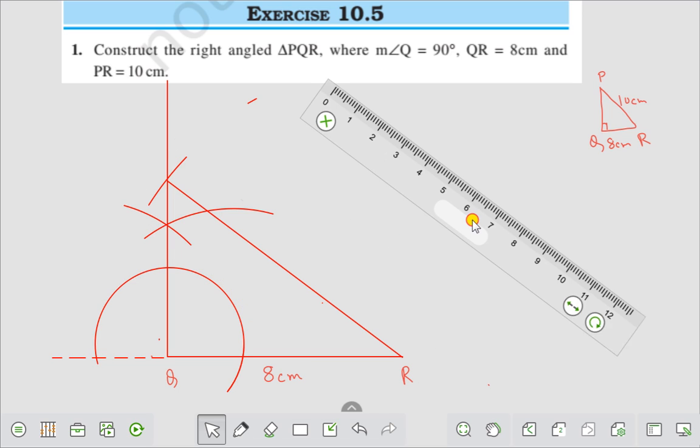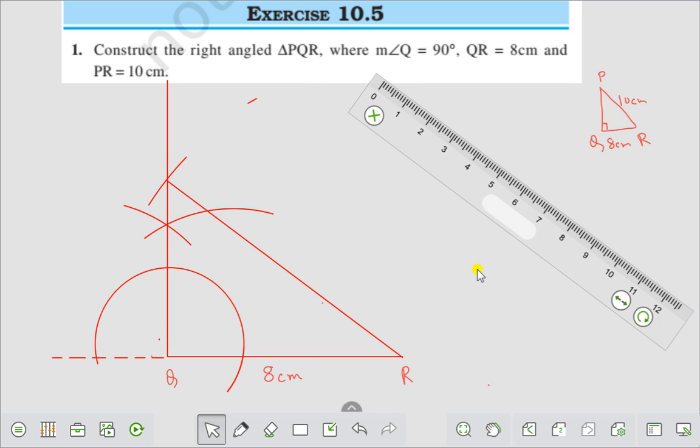Right? Now give the names here, right? This point is P, this is Q, this is R.